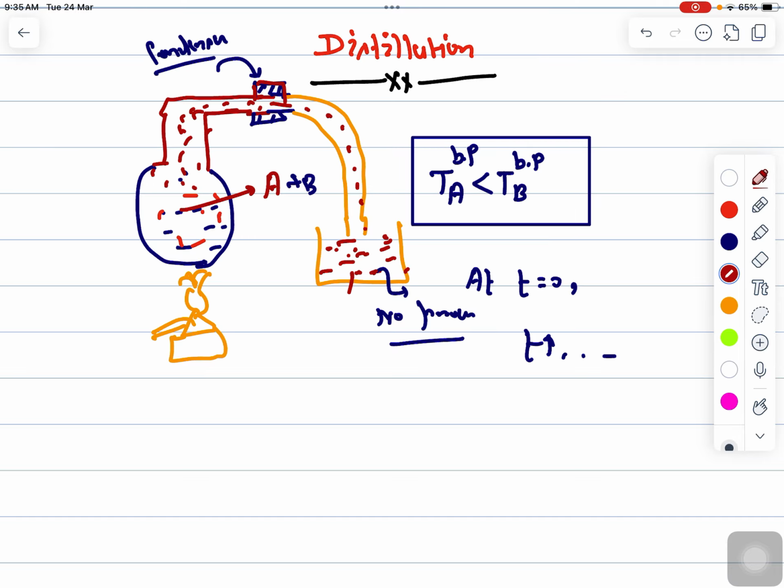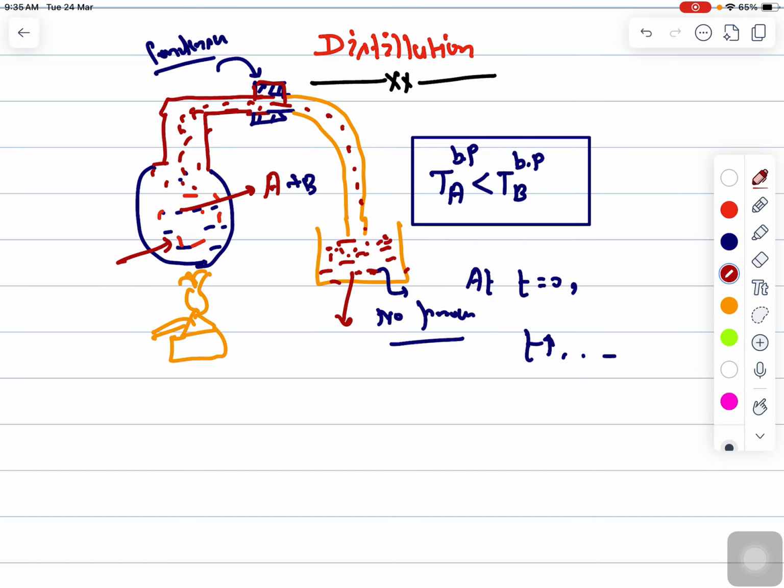So at early time, the mole fraction of the more volatile component in the collecting vessel will be more, and the mole fraction of the less volatile component here is less. Is that clear?